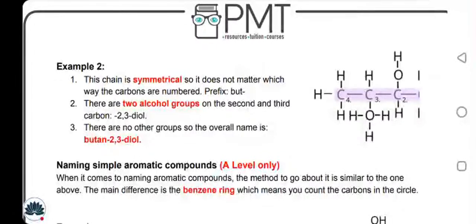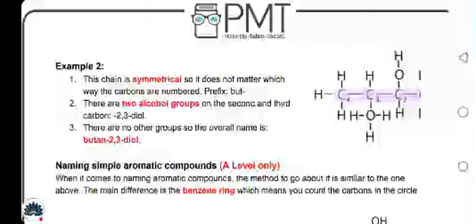Between the numbers and numbers there must be a comma, and between the numbers and the word name there must be a dash. So diol means two OH groups, and the position 2,3 means that at carbon 2 and carbon 3 the OH group is present. There are no other groups, so the overall name is butane-2,3-diol. This is the best name.